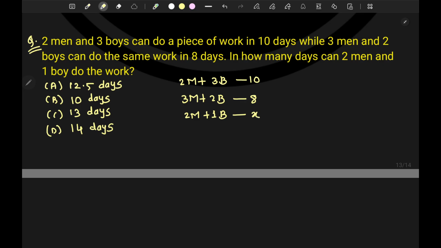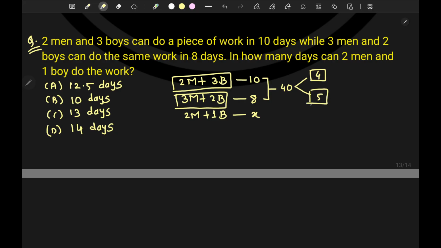Now, let's try to attempt this question with the LCM method. Now, tell me, what is the LCM of 10 and 8? It is 40, right? And hence, this set of people can do how much of the work in one day? It will be 4. And for this set of people, how much portion will they complete?